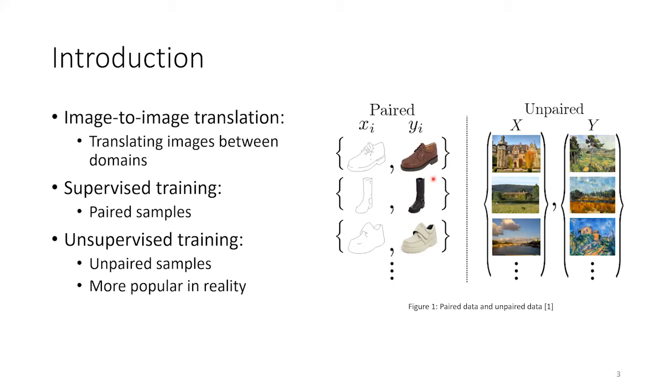For example, here for each drawing, you have a color image. But in unsupervised training, you have no pairs. For example, we have a bunch of photos and a bunch of paintings, but they are not paired at all. Actually, the second case is more popular in reality, so that's why we focus on this training setting.